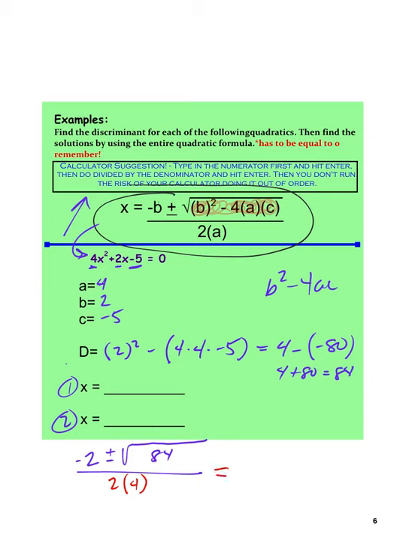Okay, so our answers here would be -2 minus the square root of 84 over 8, or -2 plus the square root of 84 over 8.